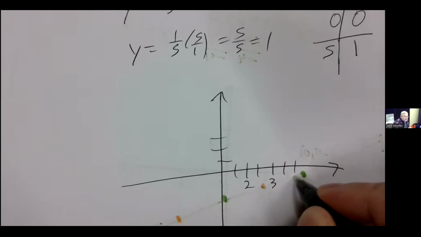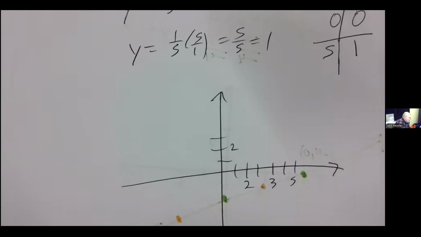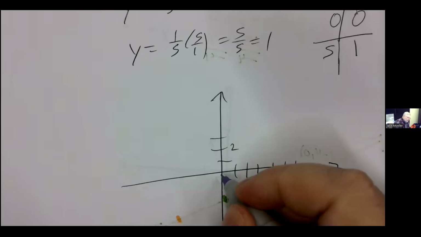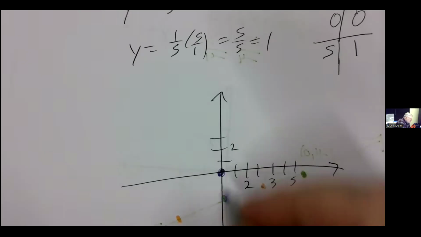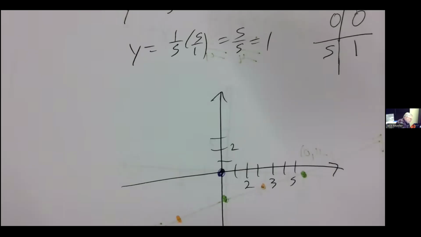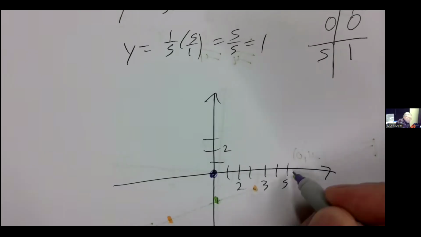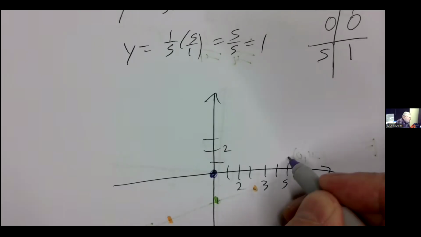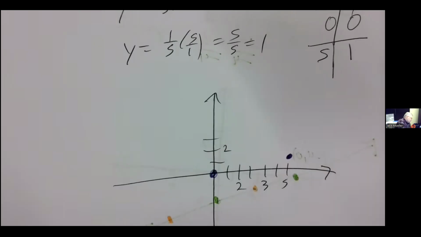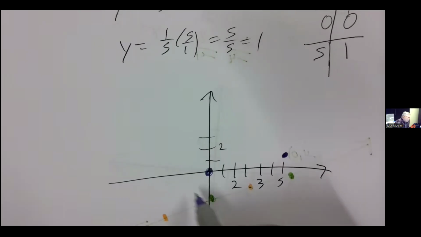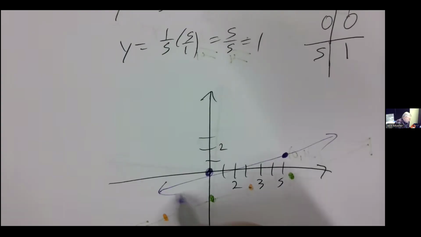We're starting at 0, 0, so that point counts for both the x and y intercept for this graph. And then when we did x equals 5, we got y equals 1. So we go right 5, up 1, do your point, and then connect the dots. Kind of missed it there, but you get the idea.